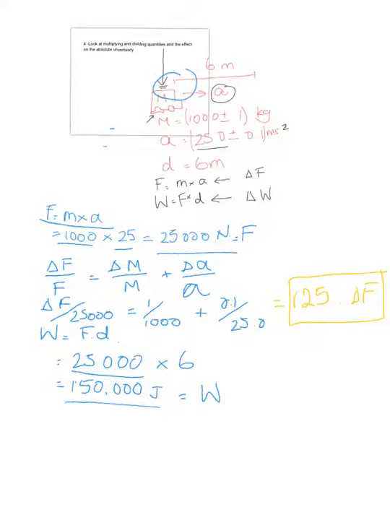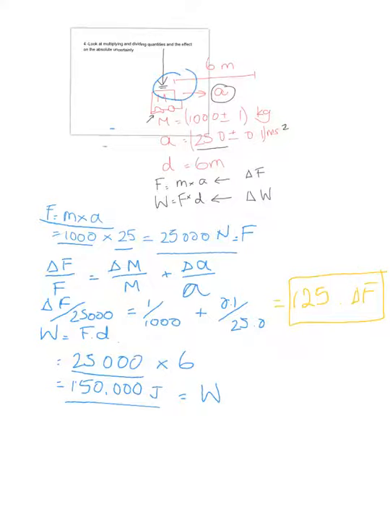If we add these up, we should get 5 times 10 to the minus 3, which we now need to multiply with 25,000. So 5 times 10 to the minus 3 times 25,000 should give you 125, which is our absolute uncertainty for F.